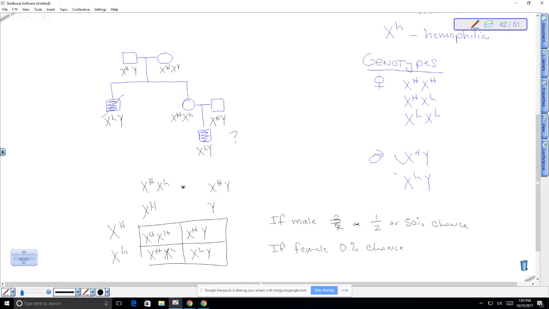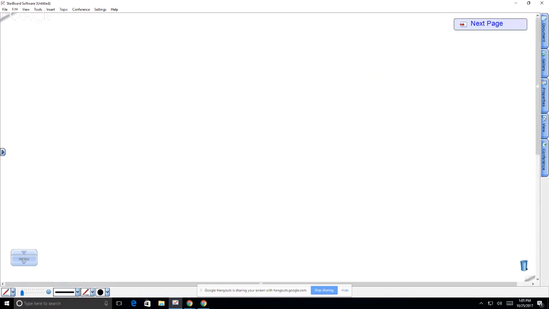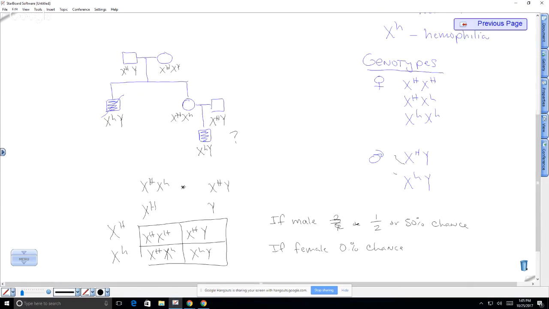Okay, one more thing. Can a male be a carrier? No, right? Because he has only one X. No male carriers. In order for a female to get it, a male with hemophilia must be able to reproduce. Because she could get one X from a female, but she has to get the other X from the male.